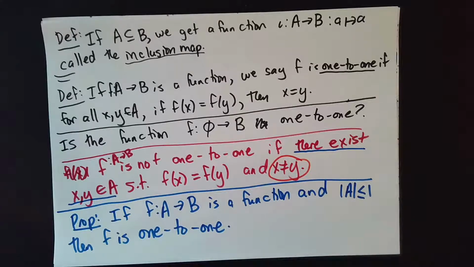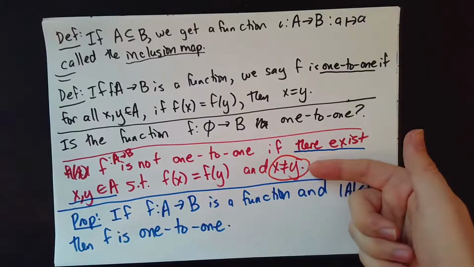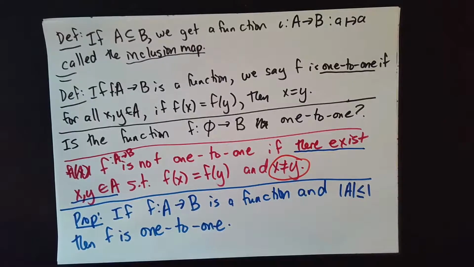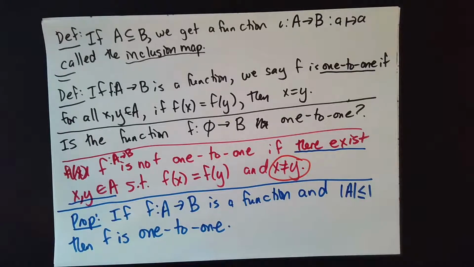If the size of the domain is 1, I can't even write down elements x and y such that x is not equal to y. Okay, any questions about this so far?